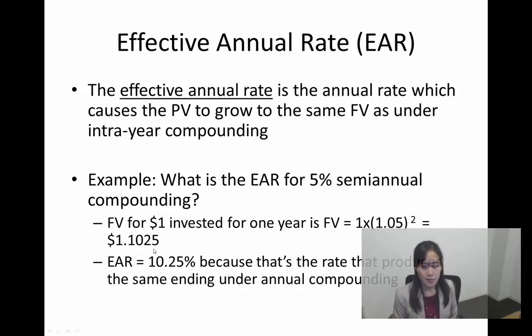And it's 10.25% because that's the rate that produces the same future value after 1 year under annual compounding. So 1 times 1.05 squared equals 1 times 1.1025. Another way to say it is compounding semi-annually at 5% is equivalent to compounding annually at 10.25%.